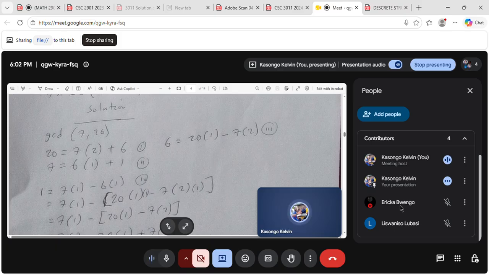The last equation doesn't add up. The second last equation adds up, but the remainder is 0. Remember, with the GCD we are interested in a remainder, and when the remainder is 0, the equation has no remainder. Do you get that concept?